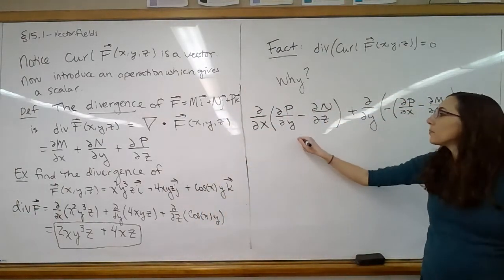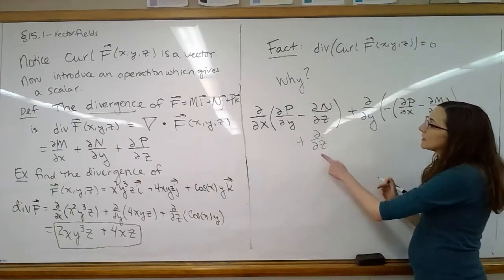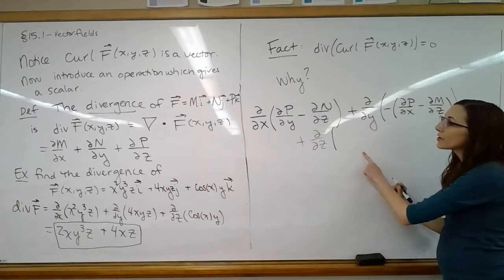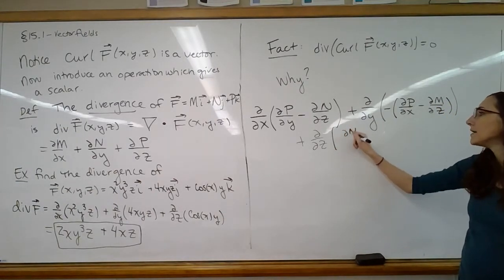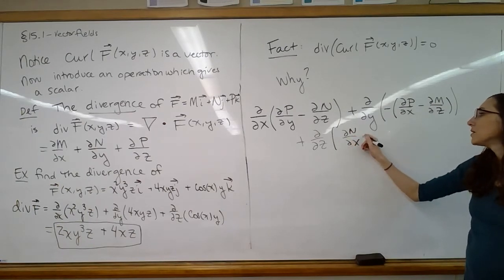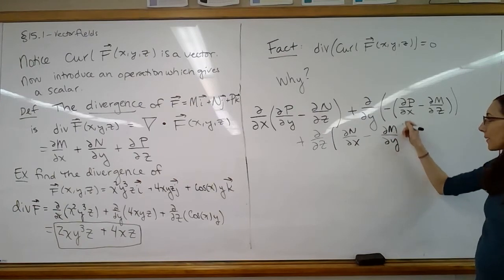And then we're going to get plus the partial with respect to z of the third component, the k component, which is the partial of n with respect to x minus the partial of m with respect to y.